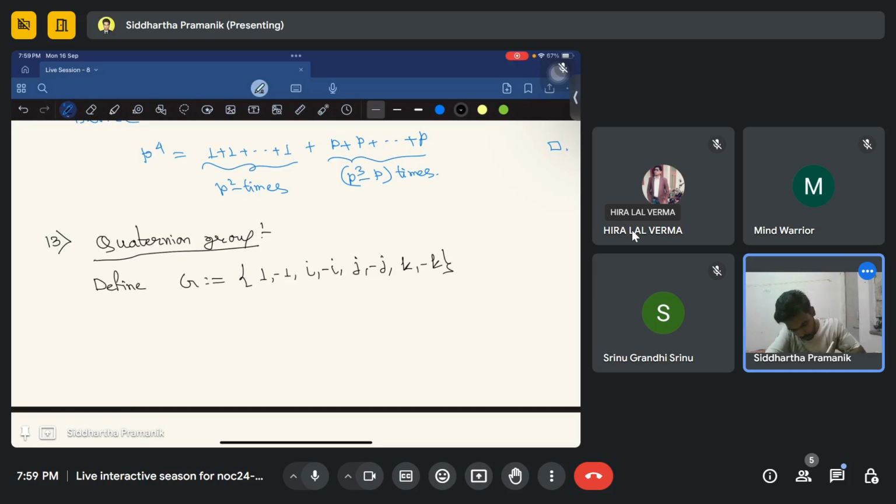Where i square equals j square equals k square equals -1, and how to multiply between i, j and k. We'll multiply using this notation.